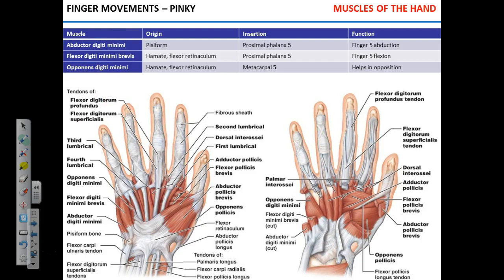Then you have the little muscle abductor digiti minimi. If you pull on it, you do this. Flexor digiti minimi, right here, flexes your pinky, and opponens, which we already mentioned, together with opponens pollicis, does opposition.